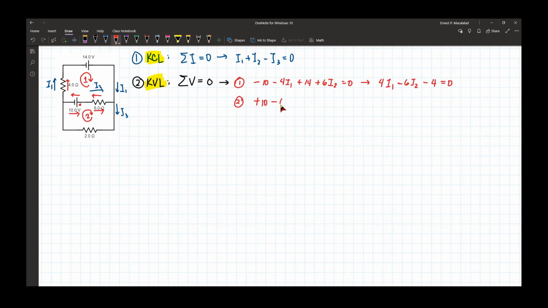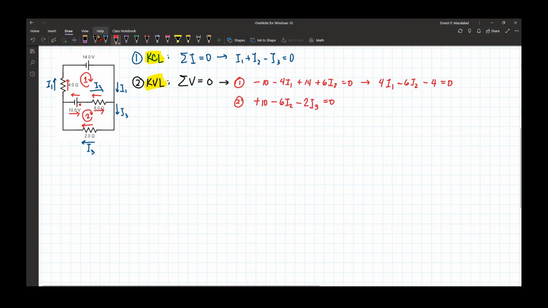So this is minus 6I2. And then lastly, the loop here is in this direction, but the current I3 is also in this direction, so this is a voltage drop as well. So this is minus 2I3. This is equal to 0.